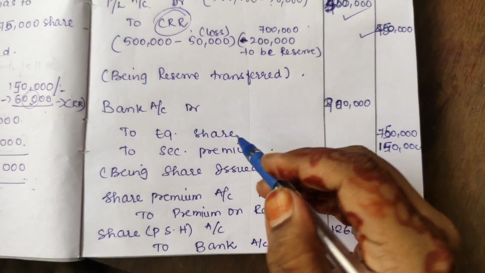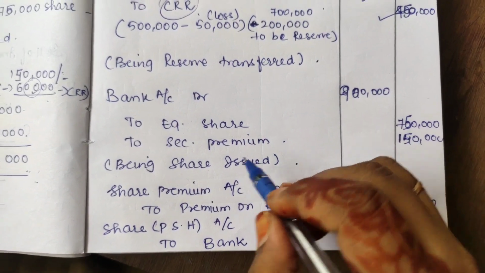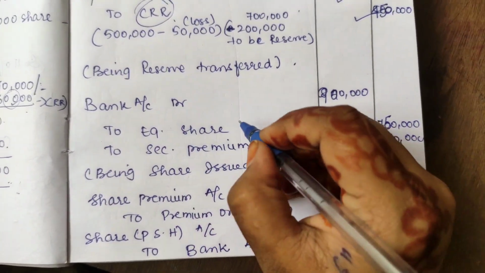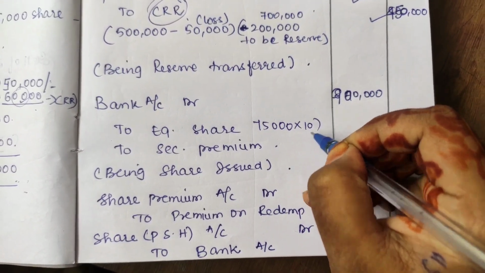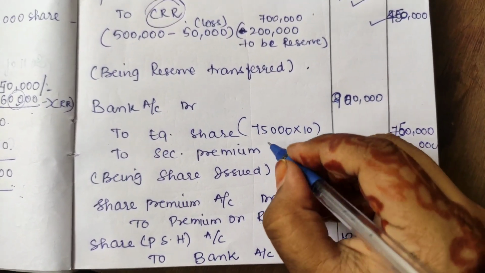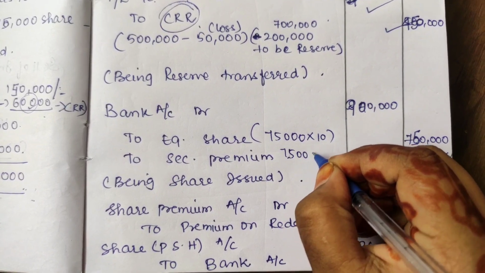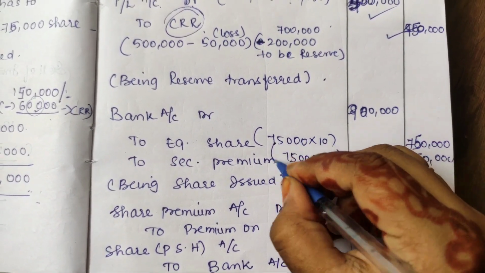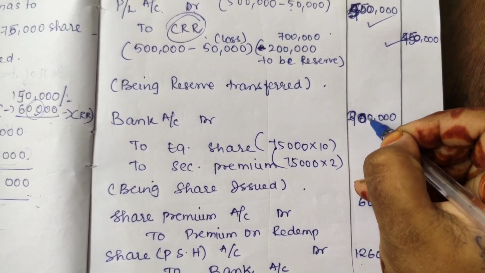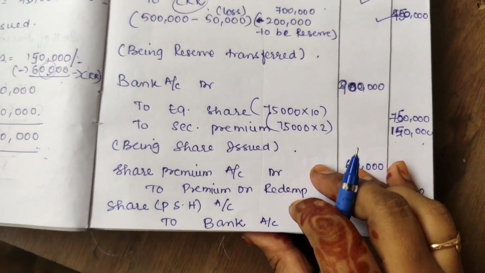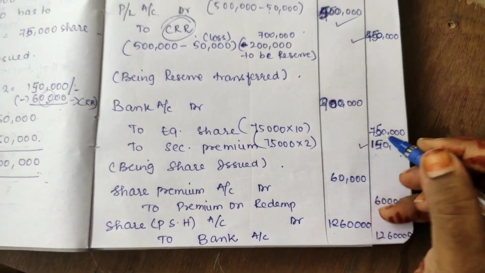After this we are going to issue the fresh shares. Fresh shares: 75,000 into 10, which is 7,50,000, and 75,000 into 2, which is the share premium, 1,50,000. So overall 9 lakh we are going to receive here. And this money we are going to use to repay.